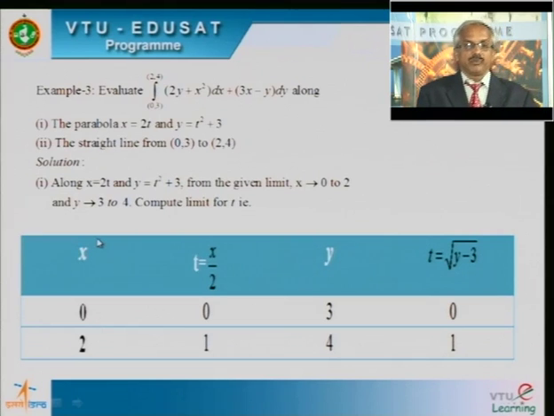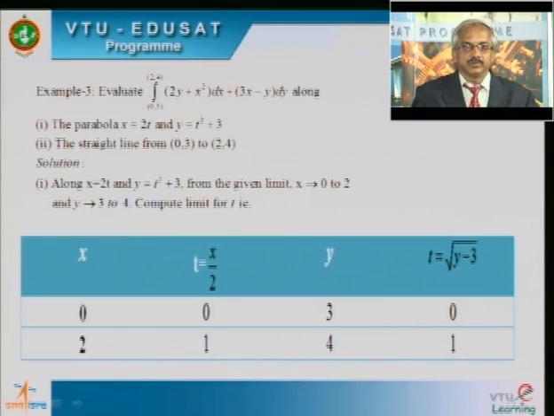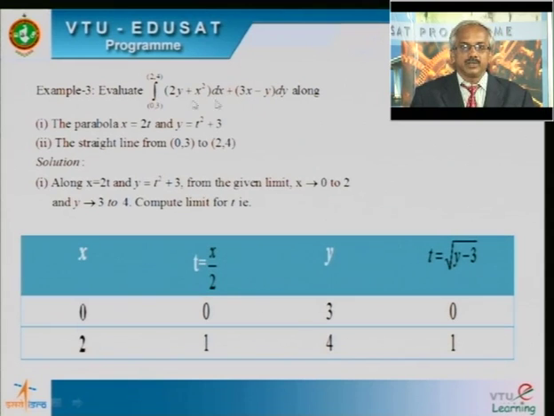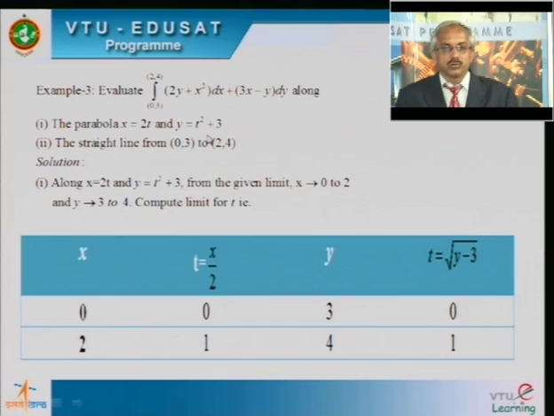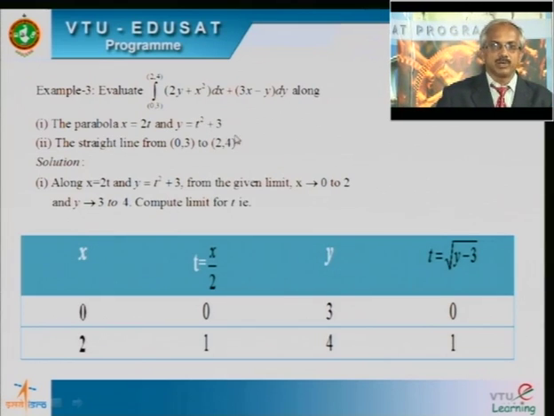So here, in the first case, we have to integrate this function over the parabola x is equal to 2t and y is equal to t squared plus 3.